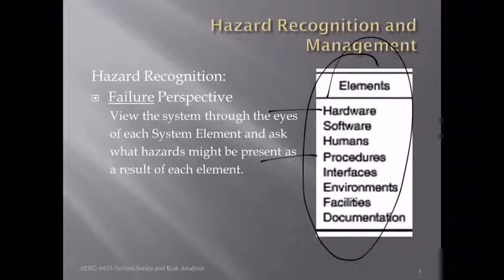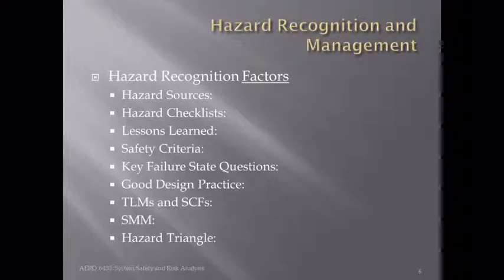Finally, there are many hazard recognition factors that we can use to root out and identify hazards. Look for hazard sources: energy, fuel, hazmat, etc. Use industry hazard checklists as aids to trigger our thought process and hazard identification.